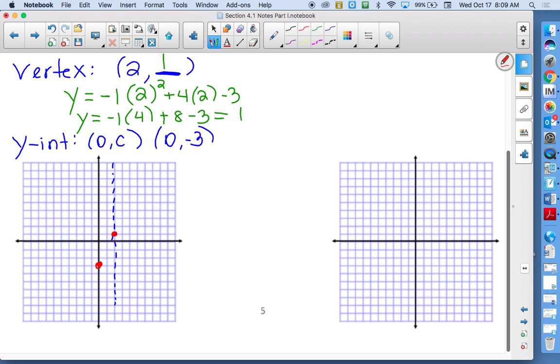So if you have a point that is 2 spaces to the left of this line of symmetry, we should have that same point 2 spaces to the right of the line of symmetry. So no work necessary. Now I have 2 points on either side of the line. That's what symmetry means. So this line, in this case a blue dotted line, gives us a second point without doing any extra work.